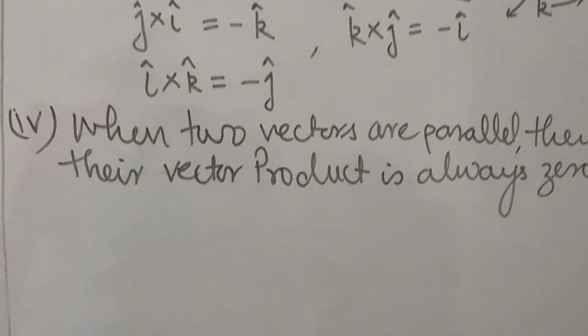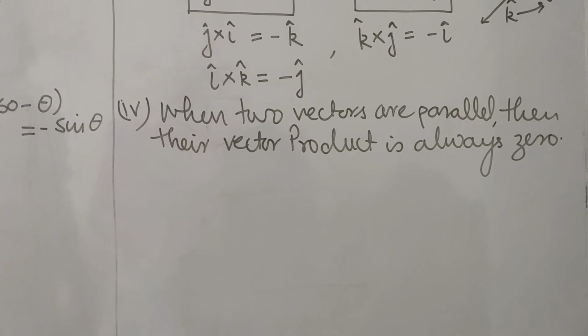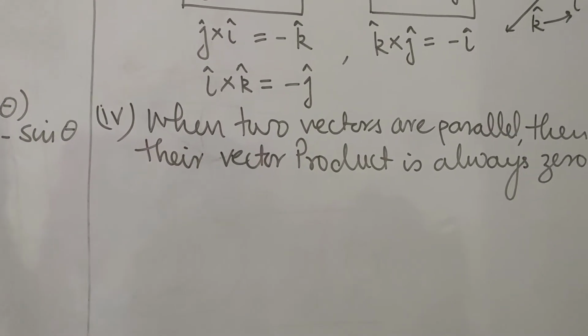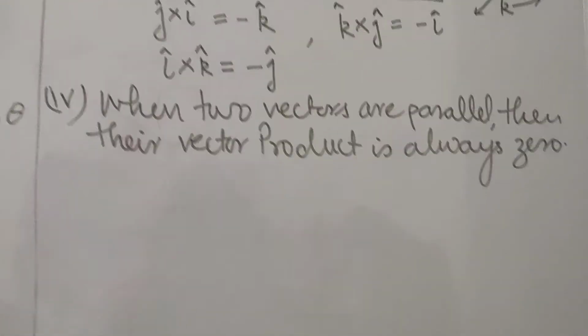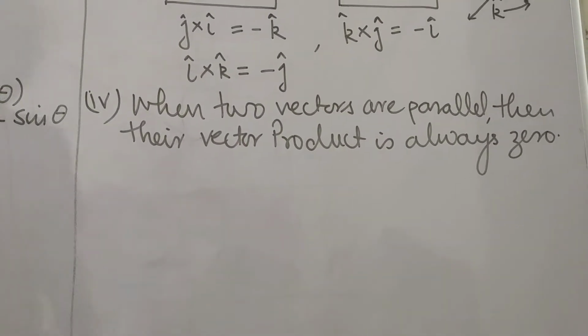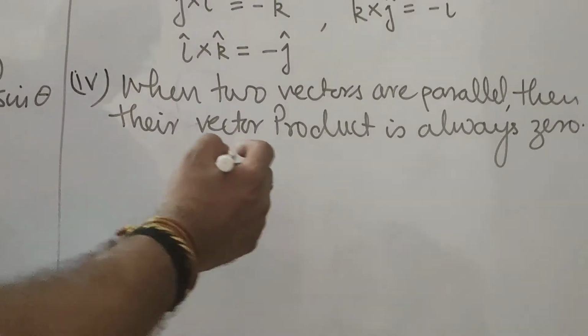In the scalar product, you have obtained that when two vectors are perpendicular, their scalar product is 0. But here, when two vectors are parallel, their vector product is always 0.